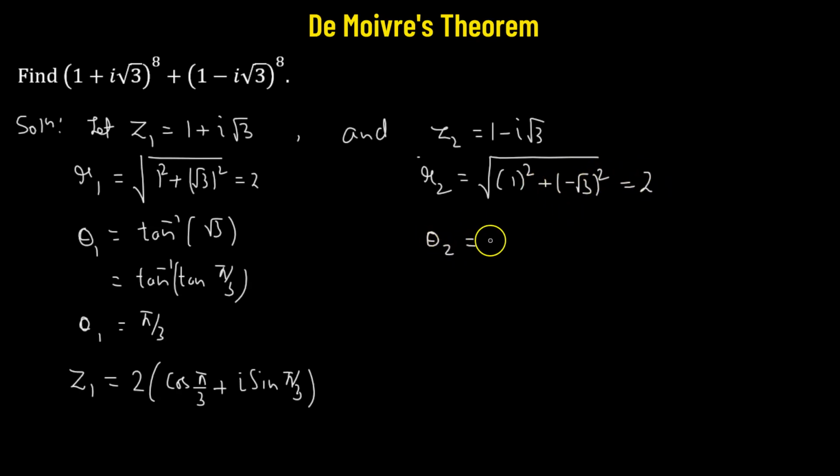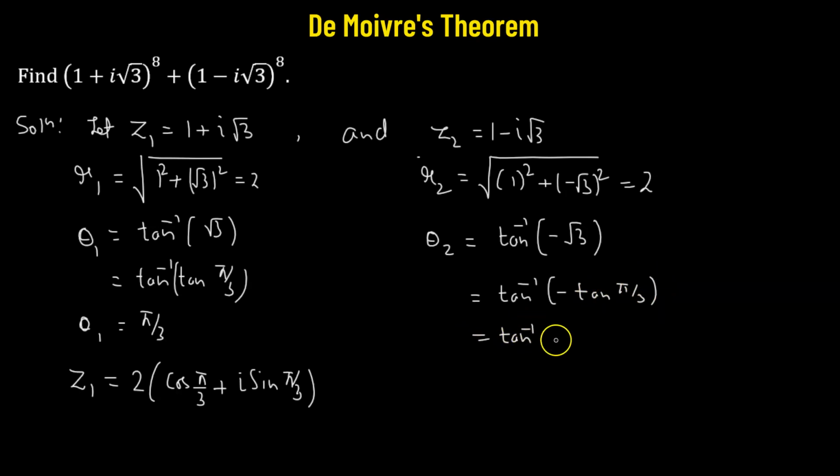And theta 2 is going to be equal to the inverse tangent of the imaginary part, which is negative square root of 3, divided by the real part, which is 1, which will be equal to tan inverse of negative tan of pi over 3. Now tangent is an odd function, so we can also represent it as tan of negative pi over 3, which is going to give us the value negative pi over 3. So this is the argument of the complex number z2.